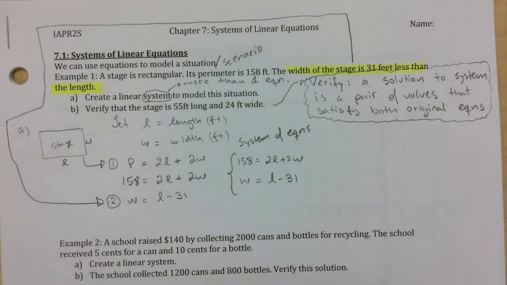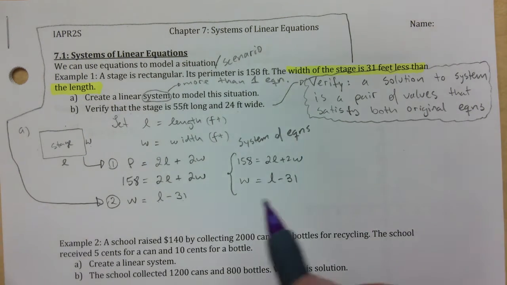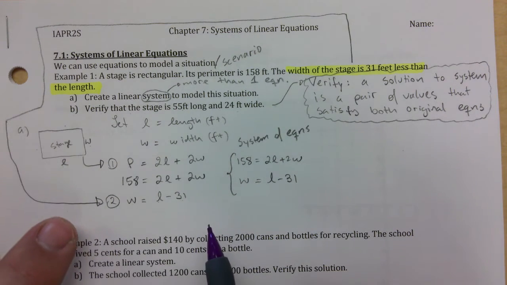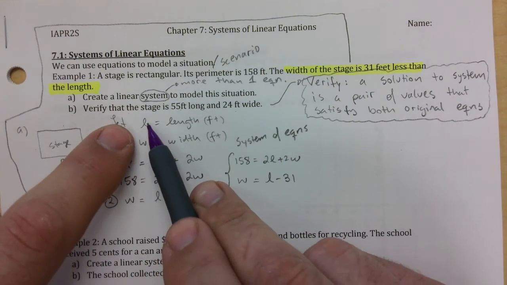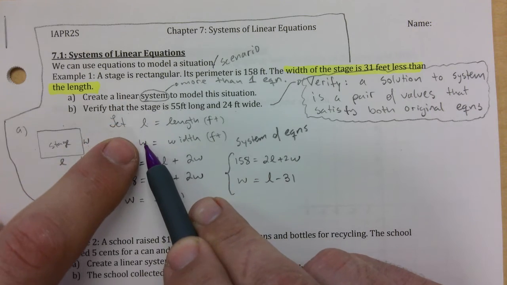We're going to verify that this is in fact a solution to this system, but we need to plug those values in and make sure it works for both. So right now, go back to length and width. Those are our variables.